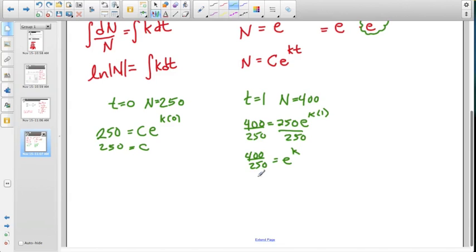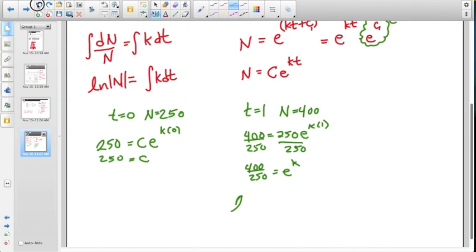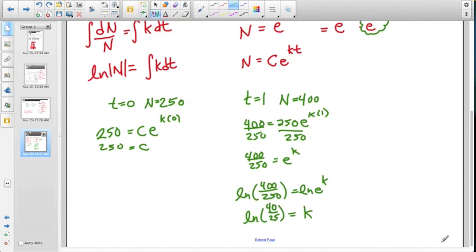And we can go ahead and take the natural log of both sides. So the natural log of 400 divided by 250 equals the natural log of e to the k, which is just k. So k is the natural log of 400 over 250. If we reduce that, that's 40 over 25, and we can further reduce that.